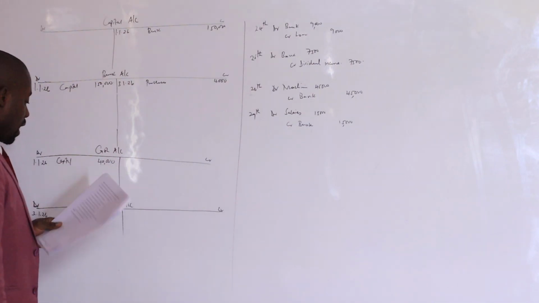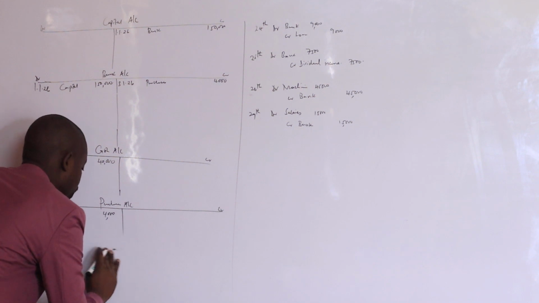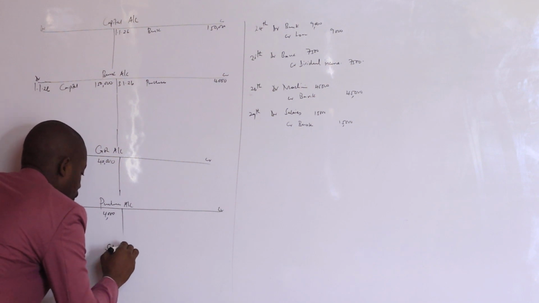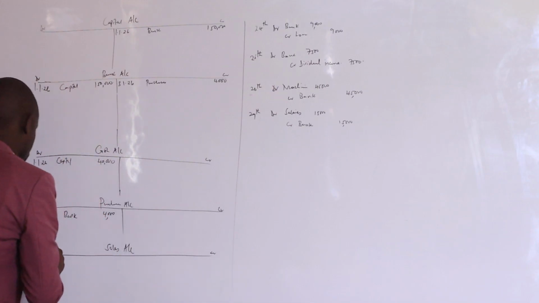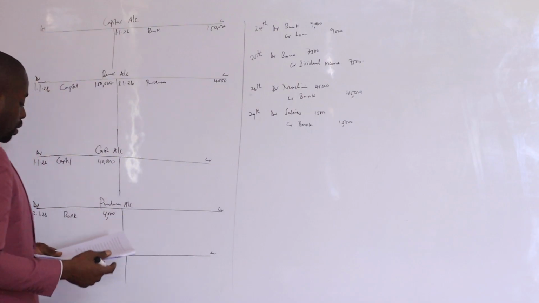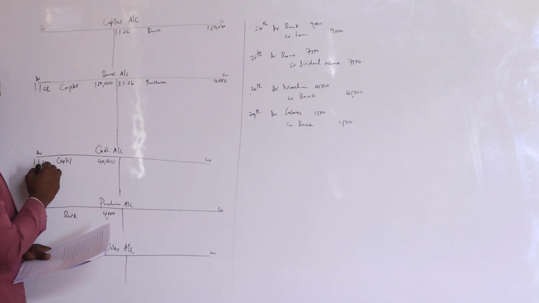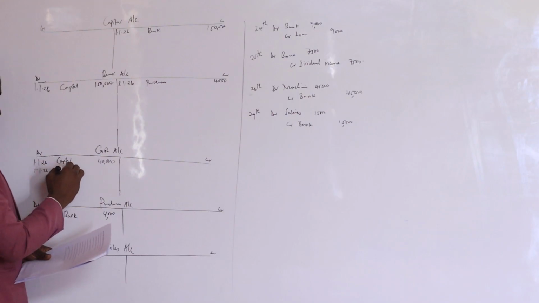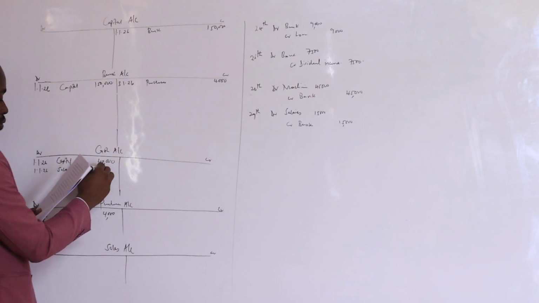Sales account and cash. So sales with credit, cash with debit. So on 1st January 2026, right here, sales of 3,400.